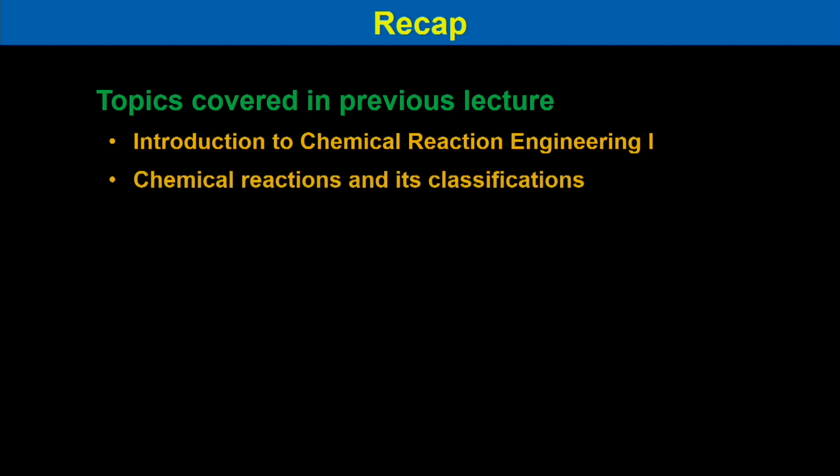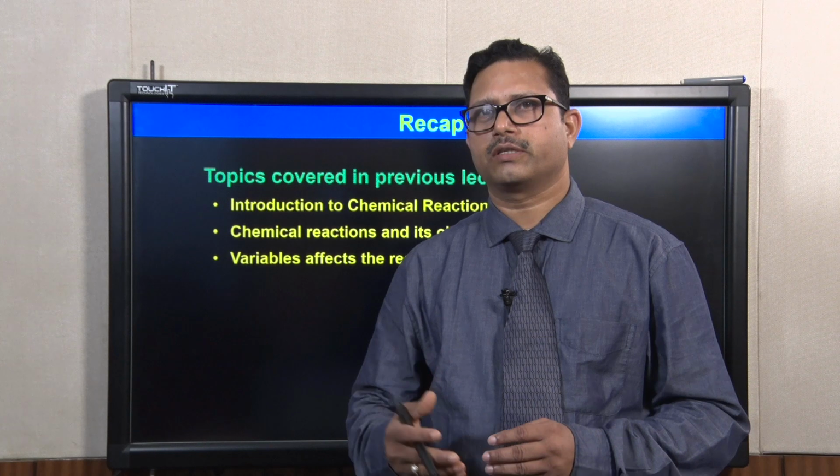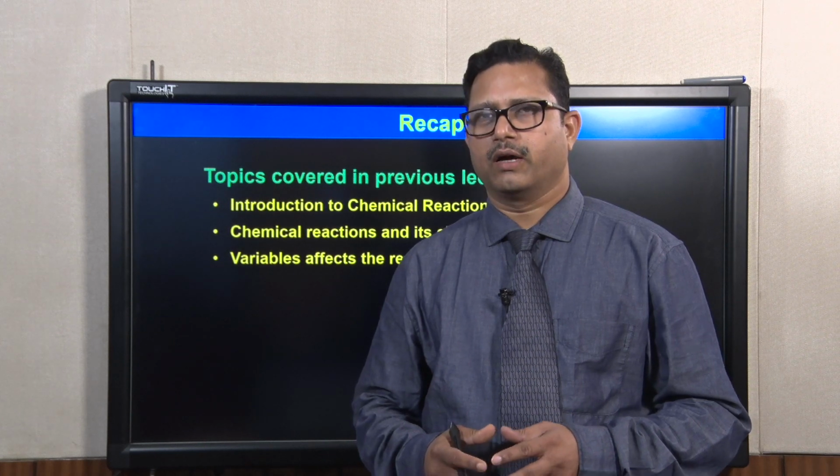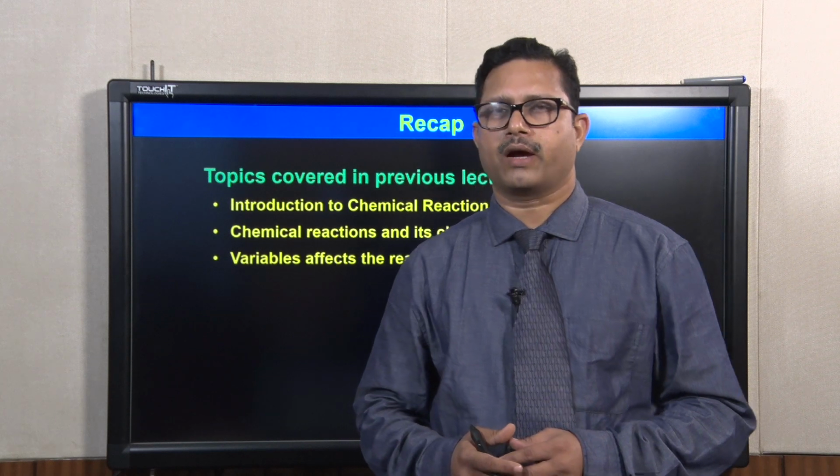Then we considered different reactions and their classifications, and different variables that affect the reaction rates. Here we considered, for homogeneous reactions and for heterogeneous reactions, what the variables are that influence the rate of chemical reactions.